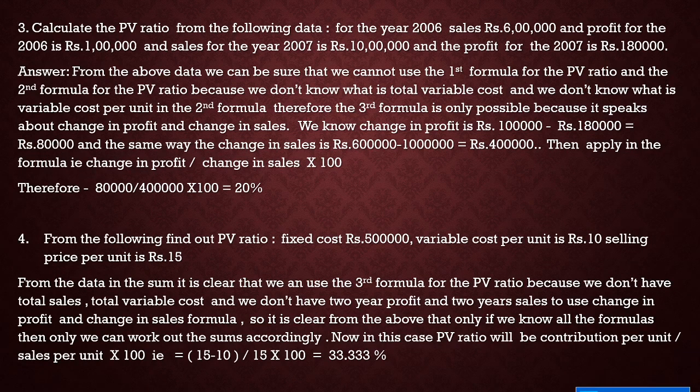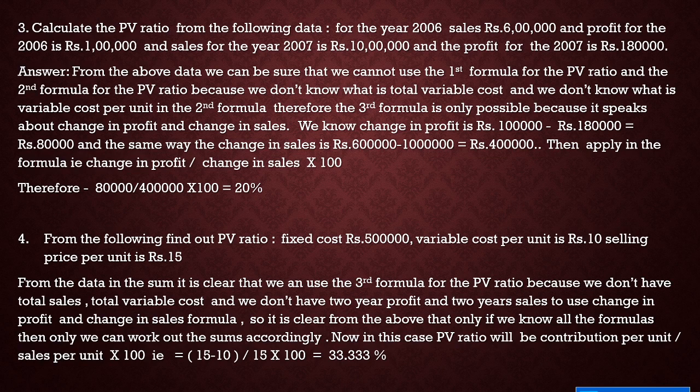Now, for this particular sum, the formula is contribution per unit divided by selling price per unit into 100 will give you the PV ratio. How will I find the contribution per unit? The selling price per unit 15 rupees minus my variable cost per unit 10 rupees.